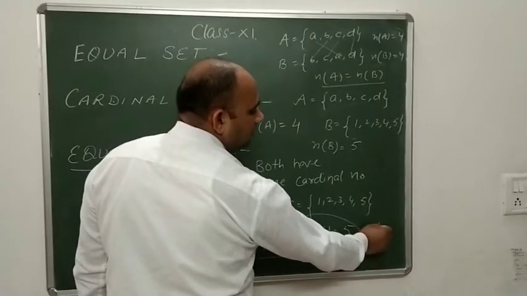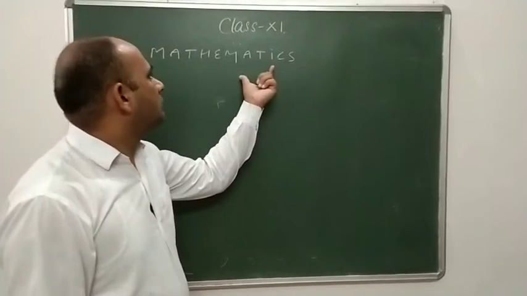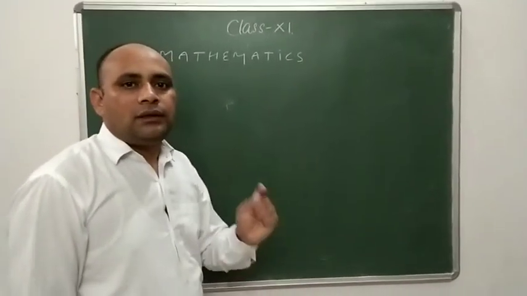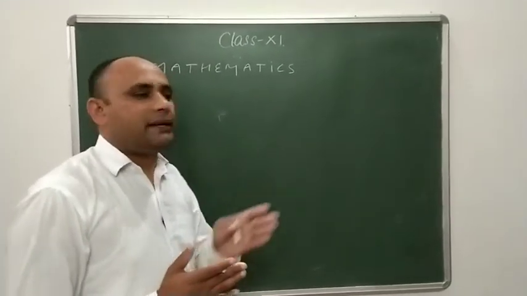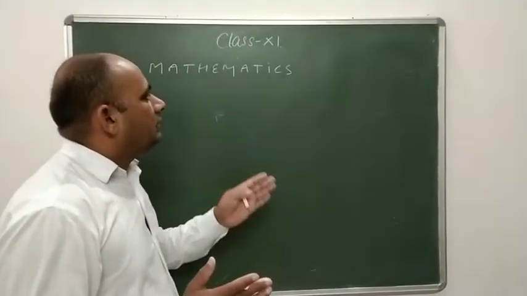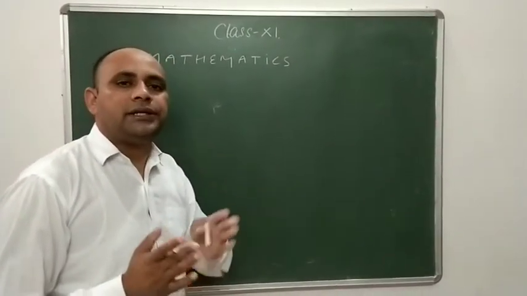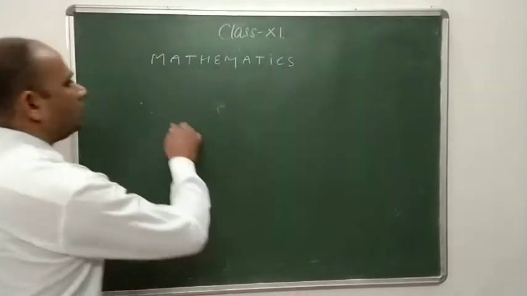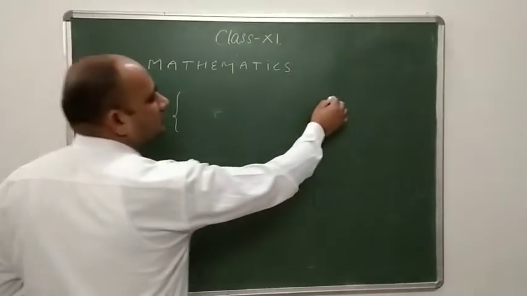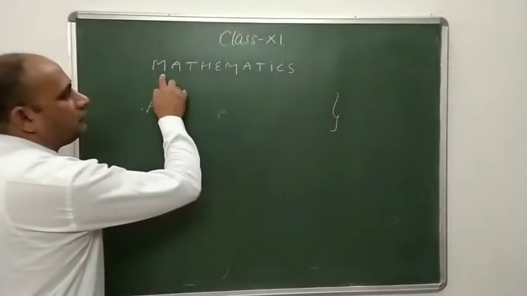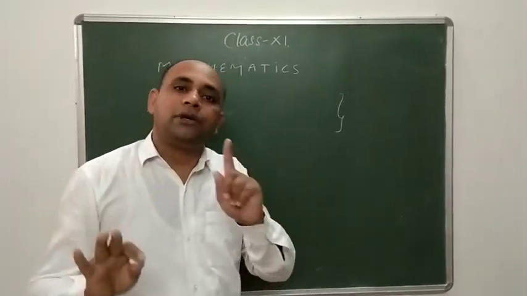Now we want to write the word mathematics in set form, that is, in roster or tabular form. Suppose it is set A. The property of a set is that we write all elements but don't repeat.